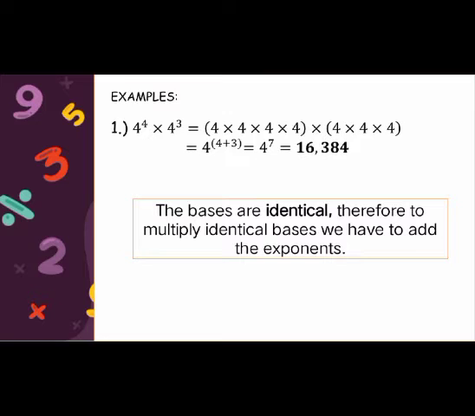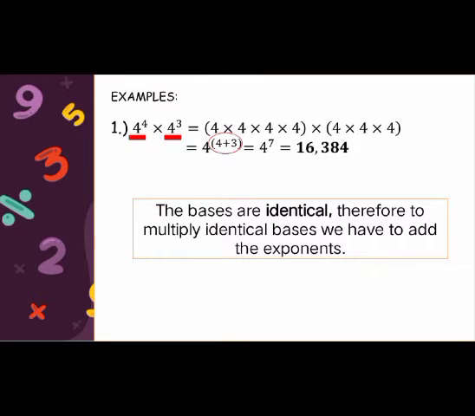So the bases are identical. As you can see, they have the same base, which is 4. Therefore, to multiply identical bases, we have to add the exponents. So instead of multiplying 4 by itself 4 times and then 3 times, like 4 times 4 times 4 times 4, times 4 times 4 times 4, we will just add 4 and 3 since those are the exponents.